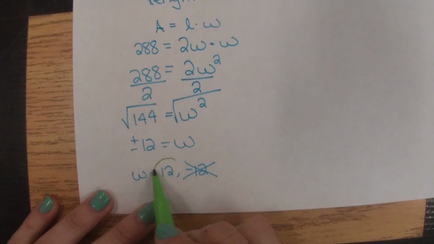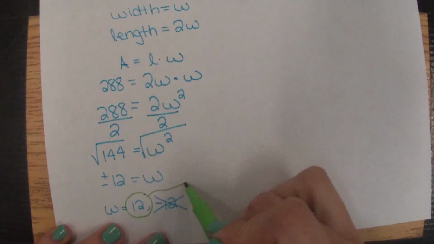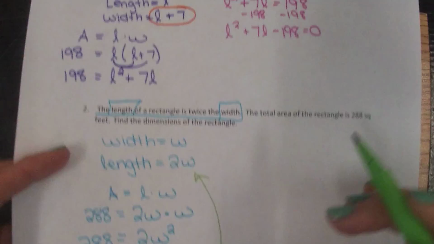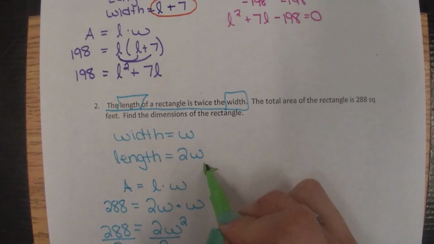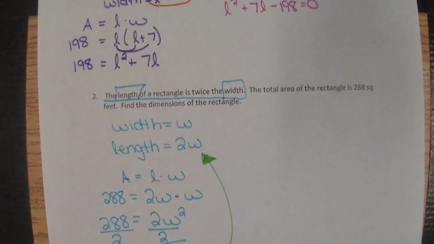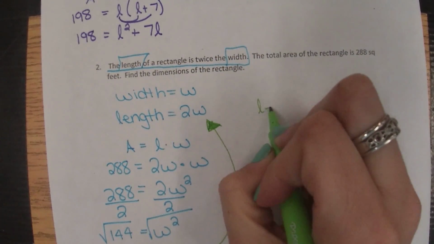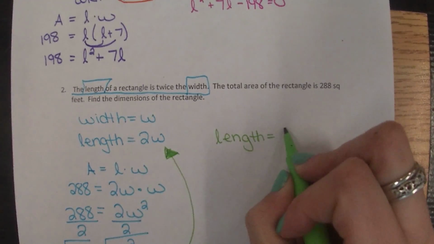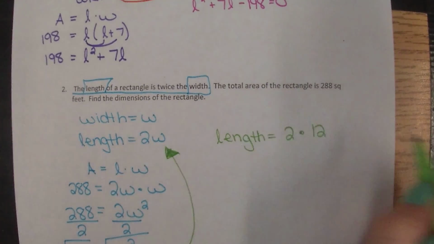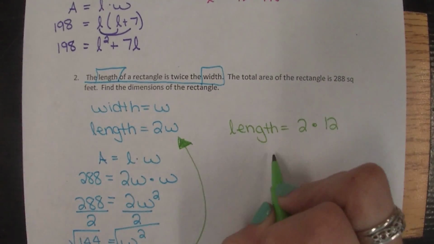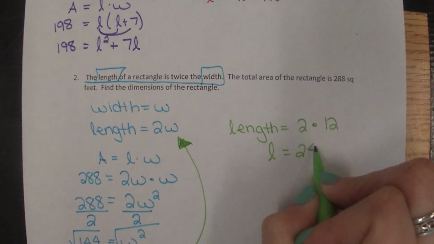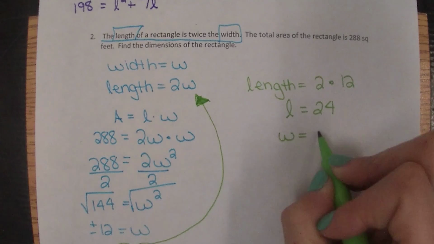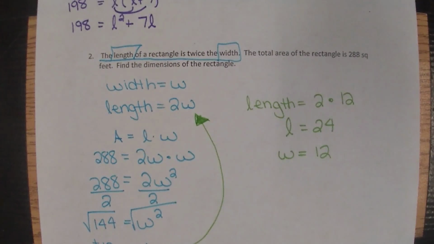So to find that length, we want to take this 12 and we want to plug it in all the way back up here where we defined what our length would be. So we'll say that our length is then going to be 2 times the 12 that W now equals. So our length is 24, our width is 12, and then make sure you get some labels on those.